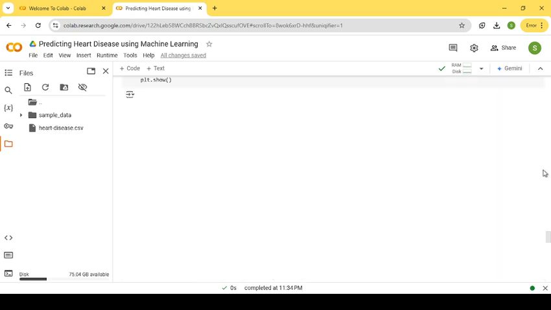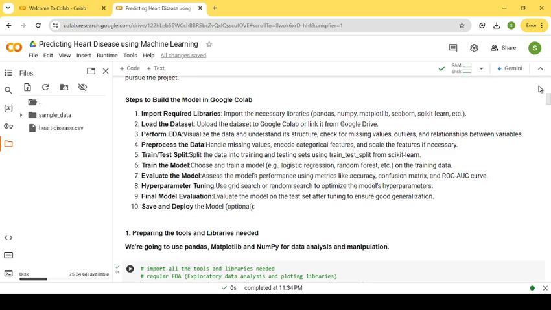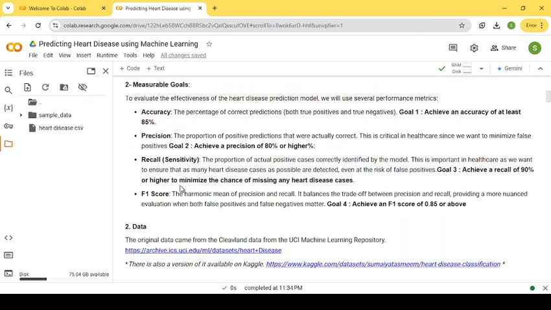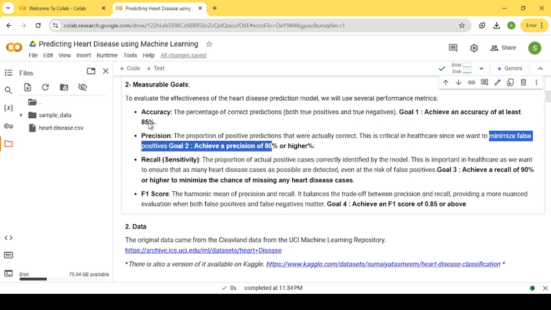Let's compare our results again with our goals. We have to achieve at least 85% accuracy, 80% or higher on precision, minimizing the false positives, 90% recall, and the F1 score has to be above 85%.